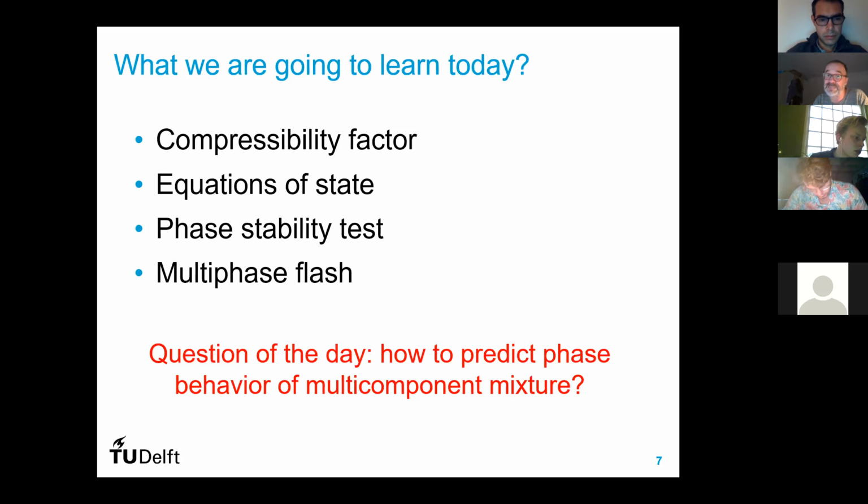We look into the phase stability test based on either the bubble point pressure or the bubble point temperature. It's more or less the same. And last is the multi-phase flash. And also we'll try to do one practical solution in the class, if time allows.